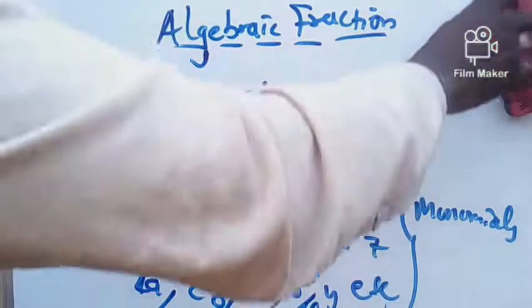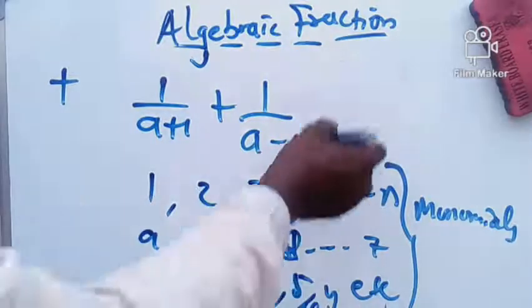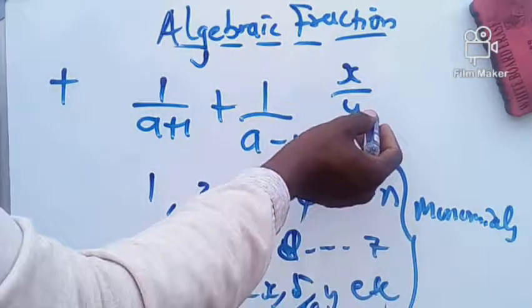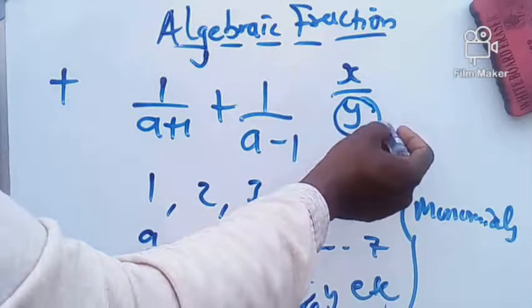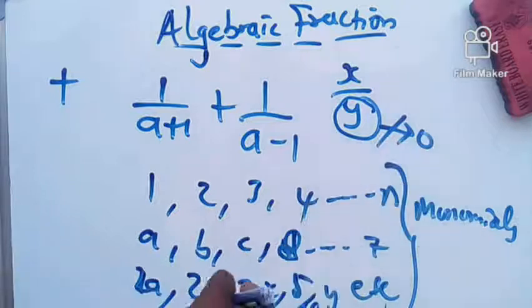Now, notice that in a given algebraic fraction written as x over y, our concern is the denominator. And we said the denominator must not be equal to what? 0. It must not be equal to 0. And in the same vein, the denominator determines what the fraction is.